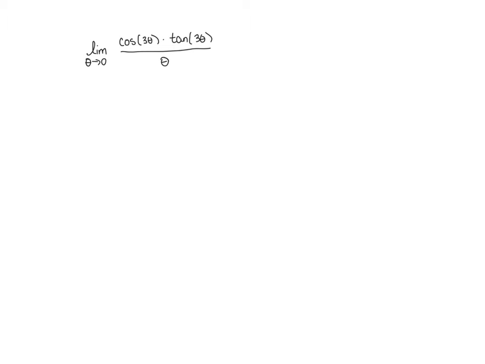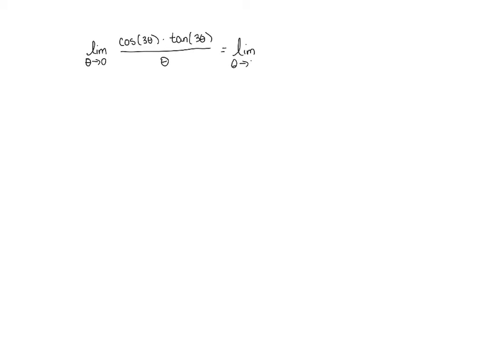So if we want to solve this limit as theta goes to 0 of cosine 3 theta times tan 3 theta over theta, we need to use trig identities and a special theorem. So remember that tangent is sine over cosine.